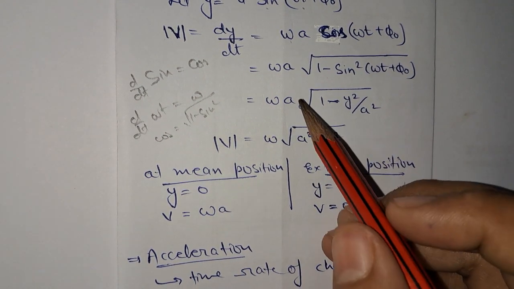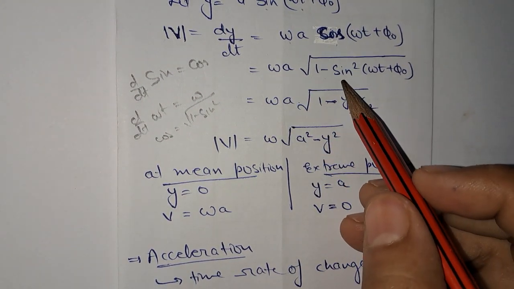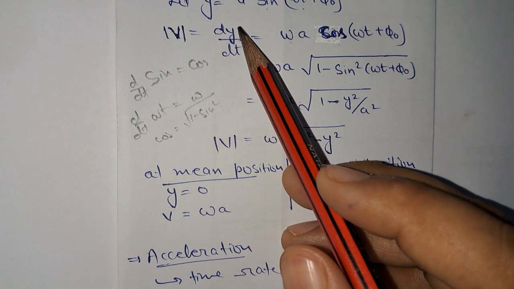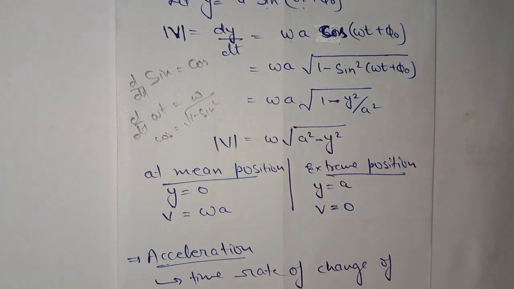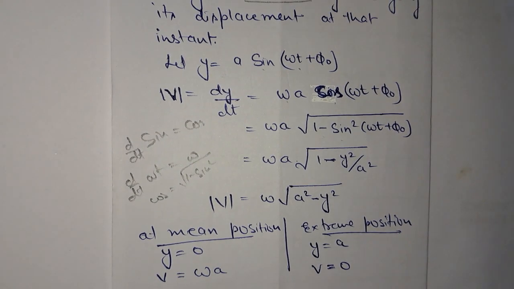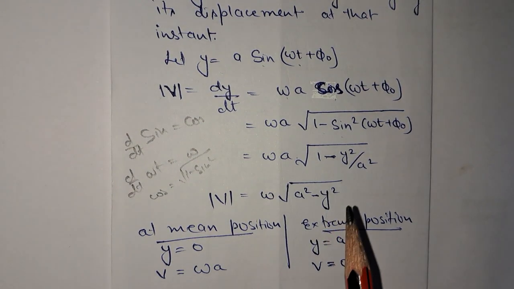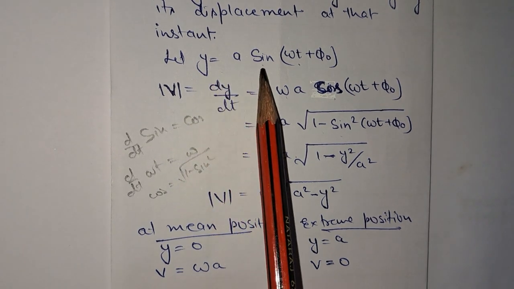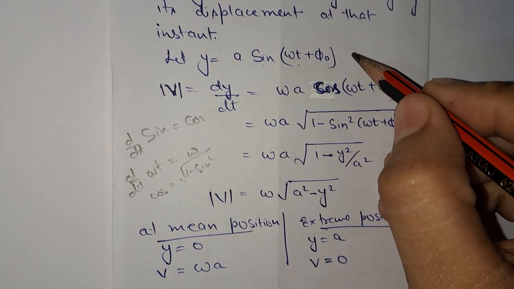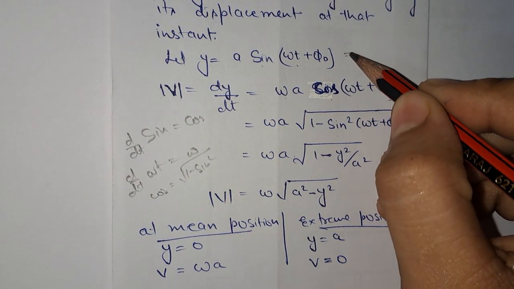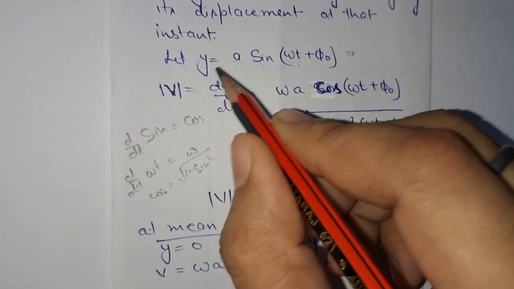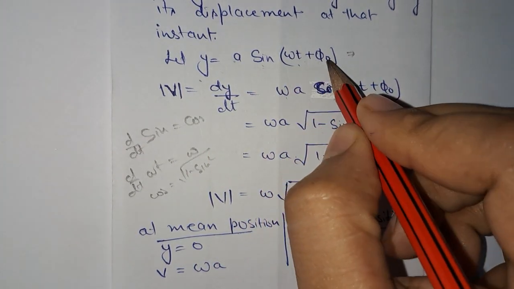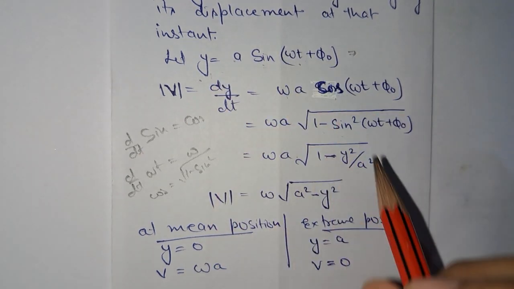So sine square(omega t plus phi naught) is nothing but y. From the equation y is equals to a sine(omega t plus phi naught), a will be shifted to this side. So sine(omega t plus phi naught) becomes y by a.